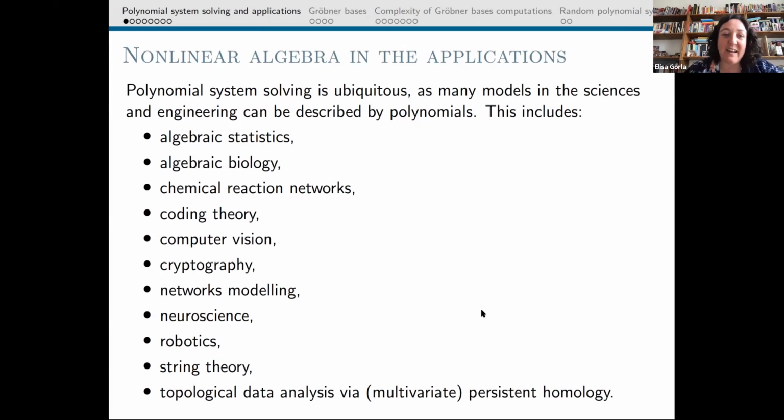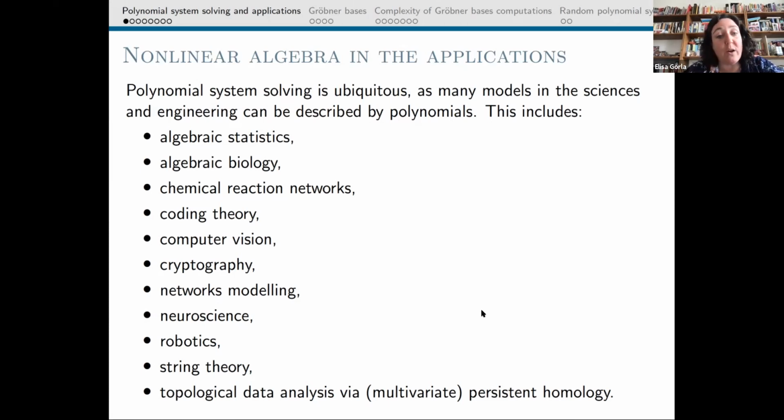And I've made here a non-exhaustive list of applications. The tool is always the same, and then the goal, what we do with it, is different. So these tools apply in statistics, where there are some models that are described by polynomial equations. In biology, to describe and study the dynamics of chemical reaction networks.